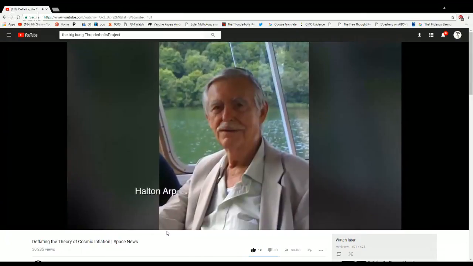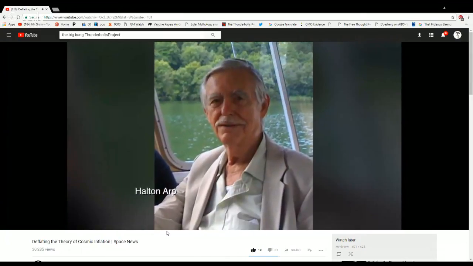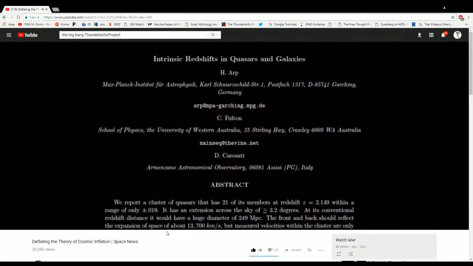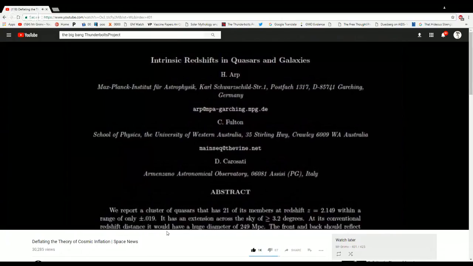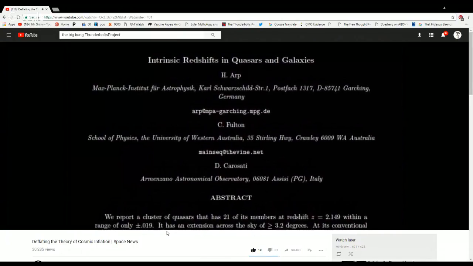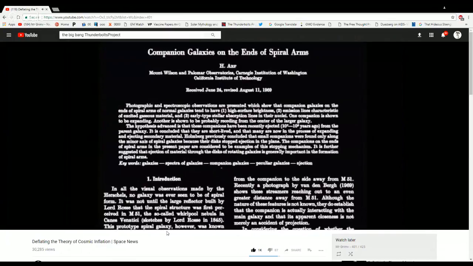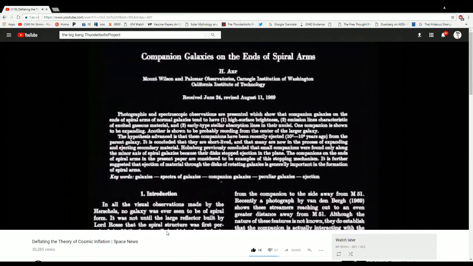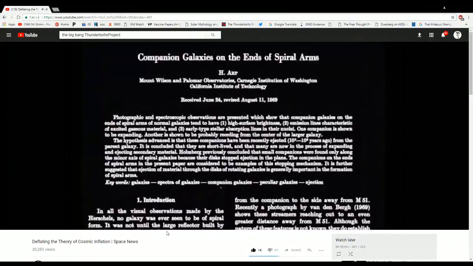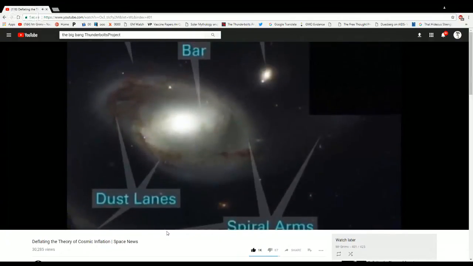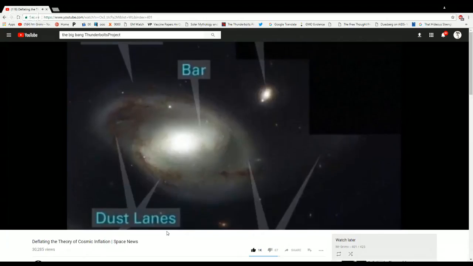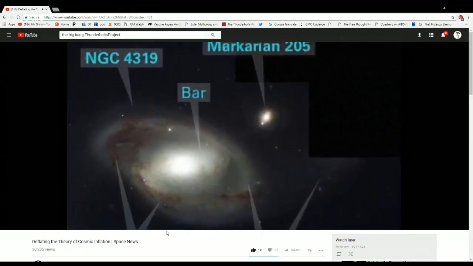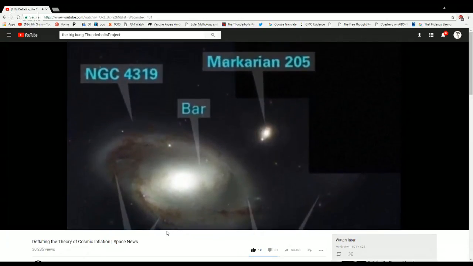Halton Arp was the lone voice among a crowd of scientists when he started publishing papers that demonstrated inflation or the Big Bang theory were not valid. As Hubble predicted, Arp's research using the 200-inch Hale telescope demonstrated, quote, "some new principle of nature," unquote. One of Arp's more interesting images was NGC 4319 and its companion quasar Markarian 205.